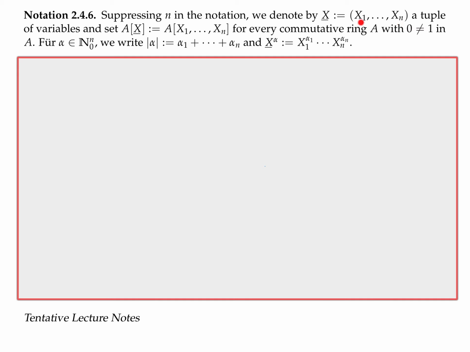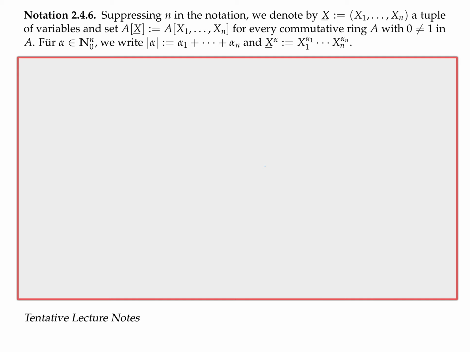And when we have a tuple of variables x1 up to xn, we will just denote this by x underscore. And if A is a commutative ring with 0 not equal 1, so we can build a polynomial ring over A, we denote by A adjoint x underscore, that should stand, of course, for A adjoint x1 up to xn.